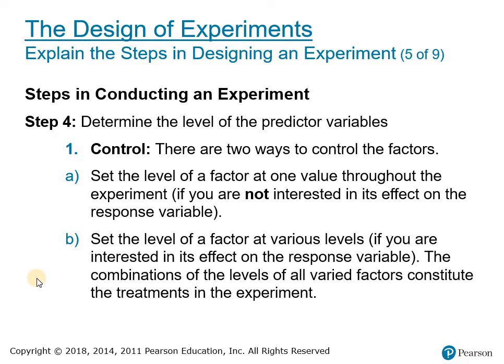First, set the level of a factor at one value throughout the experiment if you're not interested in its effect on the response variable. Or we set the level of a factor at various levels if you are interested in its effect on the response variable. The combinations of the levels of all varied factors constitute the treatment in the experiment.